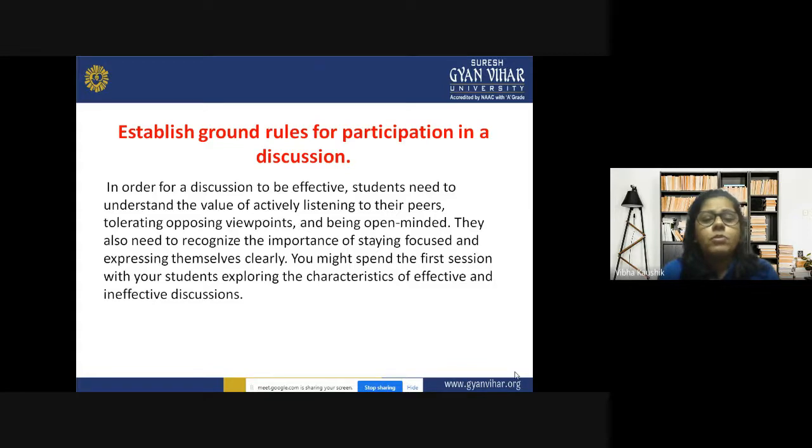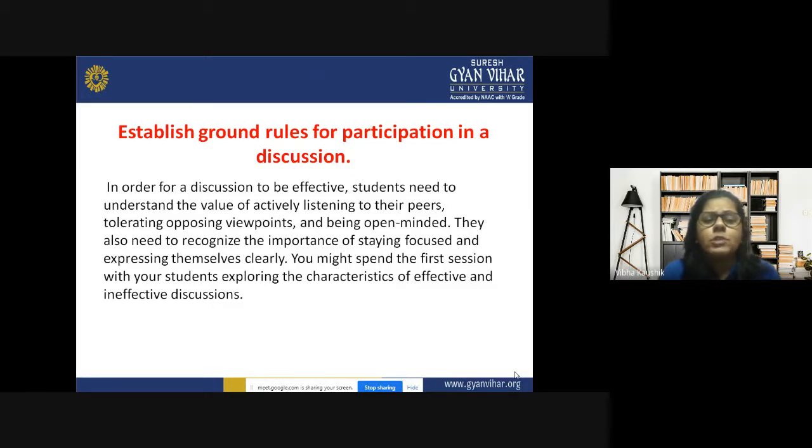Tolerating opposing viewpoints, you have to tolerate other viewpoints also. When you are not satisfied with the viewpoints of others, you also have to develop a feeling of tolerance and be open minded, since some viewpoints will be expressed by students with whom you will not agree.